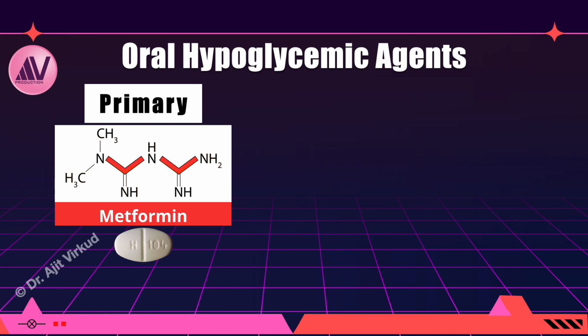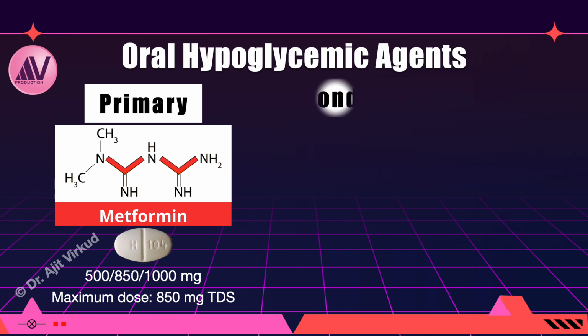Biguanides are agents that lower glucose levels by their actions on the liver, muscle, and adipose tissue. Metformin is available as 500, 850, or 1000 milligram oral tablets. Some sustained release preparations are also available. The maximum dose of metformin is 850 milligrams 3 times a day.